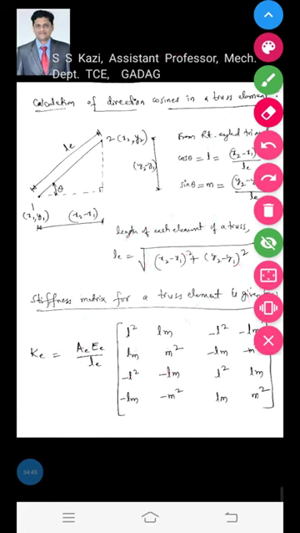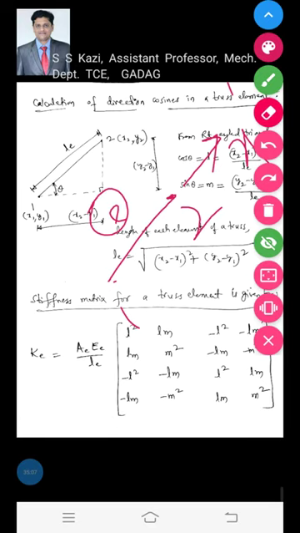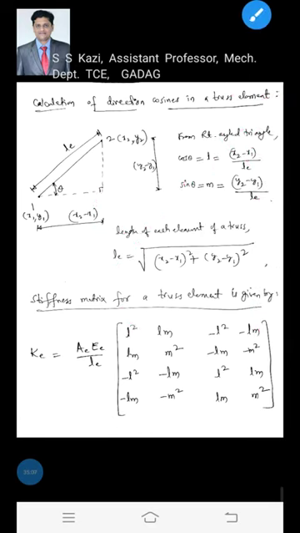But since each bar of a truss element, due to the load applied, is induced with either expansion or contraction, in local coordinates the bar and truss element are the same. In global coordinates these two are different.